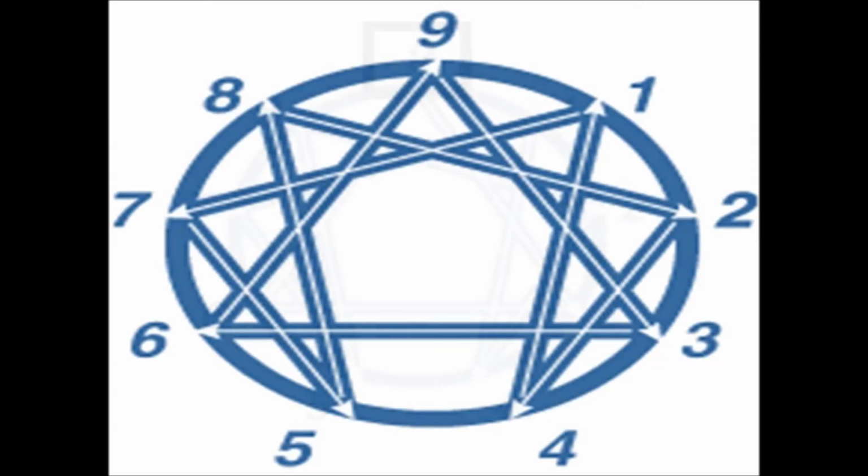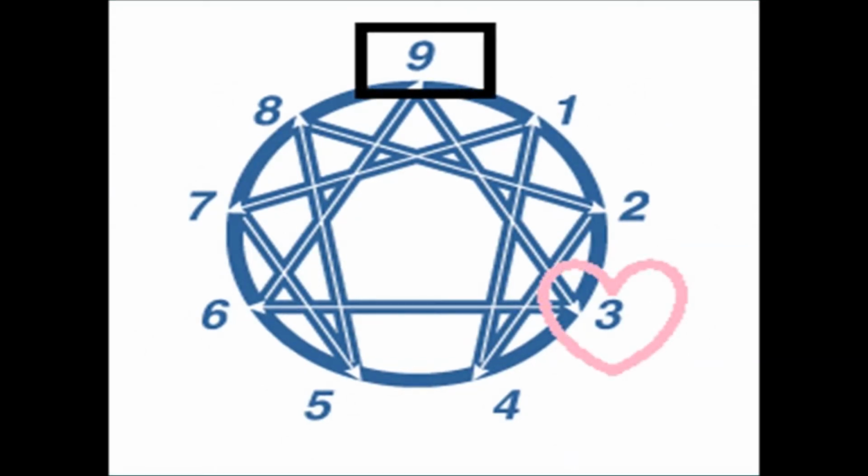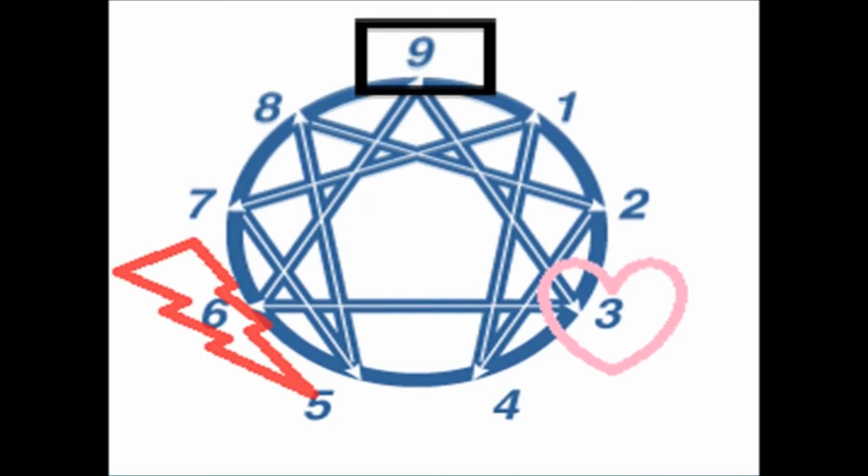For example, a healthy 9 will ascend to look like a healthy 3 and become pleasant and take pride in achievement. Hence why the arrow from the 9 points to the 3. But an unhealthy 9 will descend to look like an unhealthy 6 and become worrisome and unnecessarily stressed. Hence why the arrow of the 6 points to the 9.